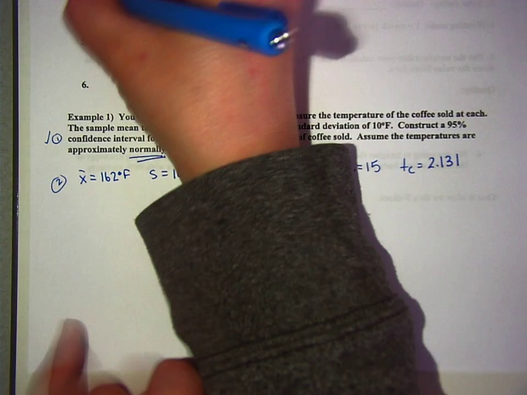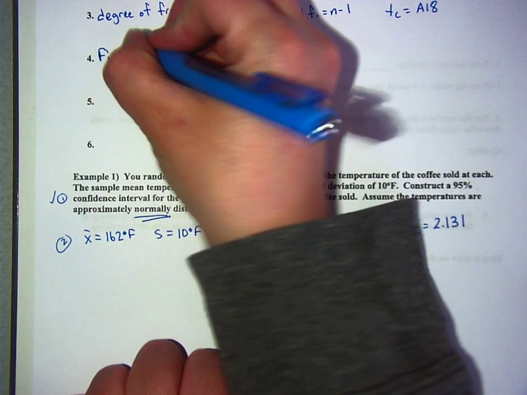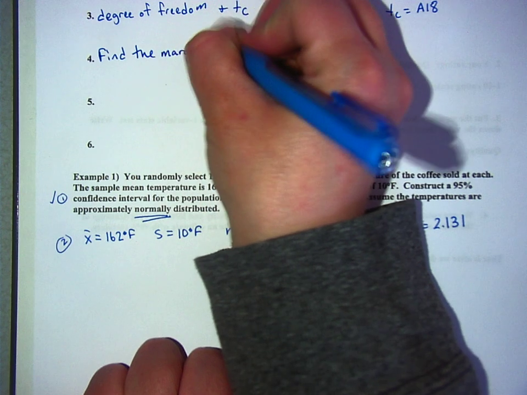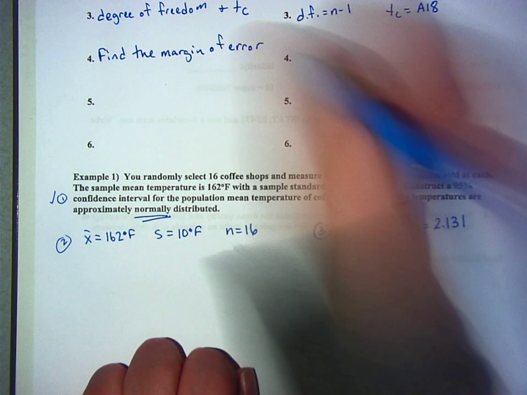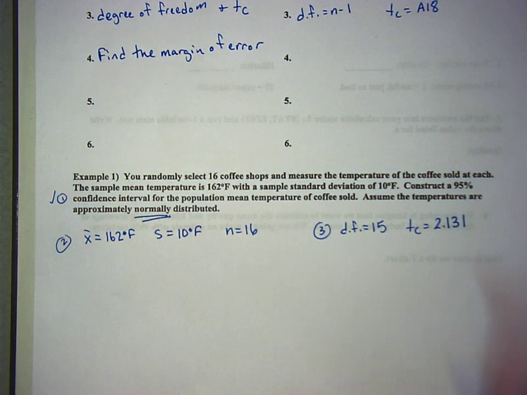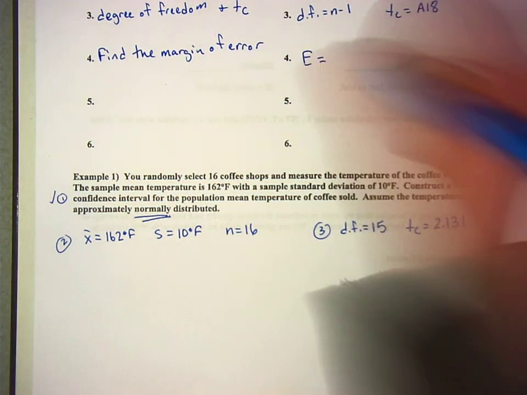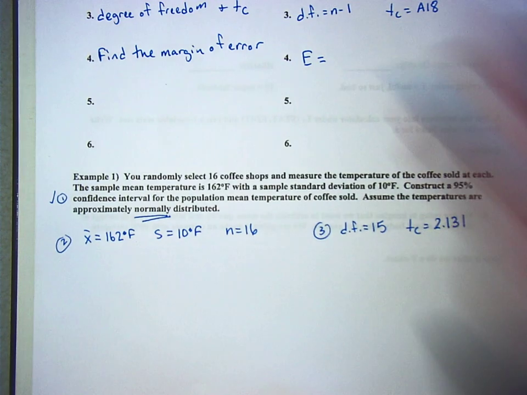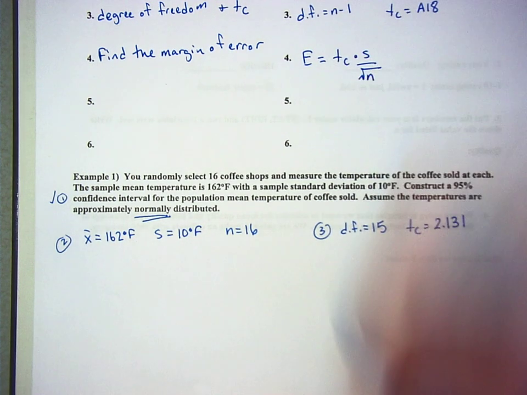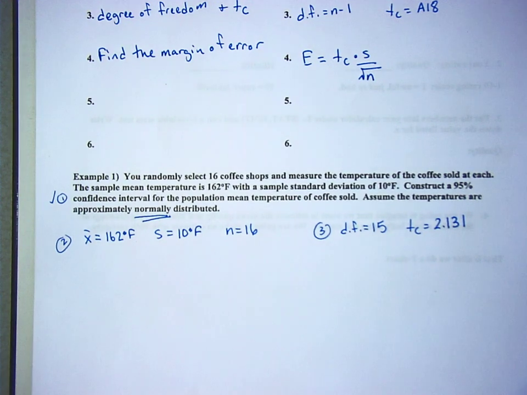Next, you find the margin of error. Formula for that is E equals T sub C times S divided by the square root of N. So it is almost exactly the same formula, just a T score instead of a Z score, S instead of sigma.